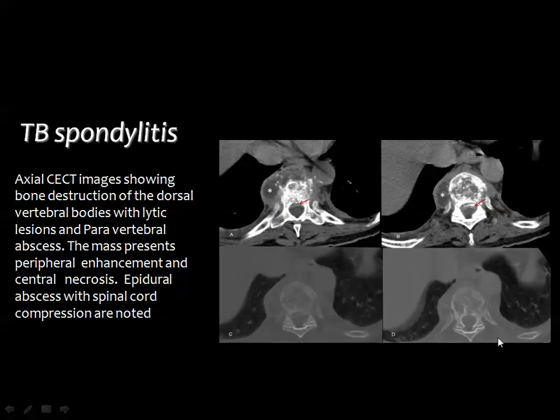And this is also tuberculous spondylodiscitis with erosive changes in the vertebra, prevertebral collection, and this arrow points to some extension of the inflammatory lesion in the epidural space.